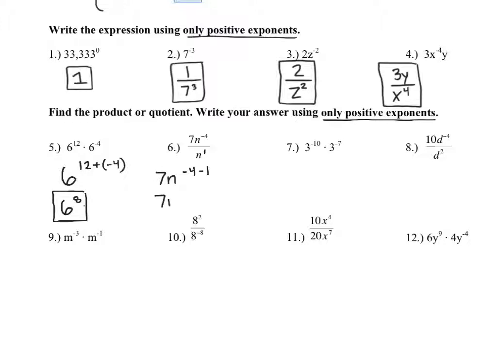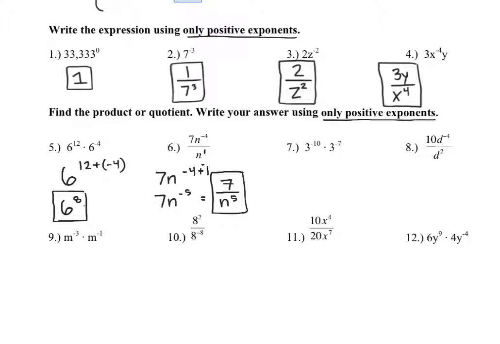So this would be 7n, and you can keep change up here if you want. This would be 7n to the negative 5 power. So now I need to get rid of that negative exponent, and n is the base, so the 7 stays on top, and the n to the 5th power moves to the denominator.